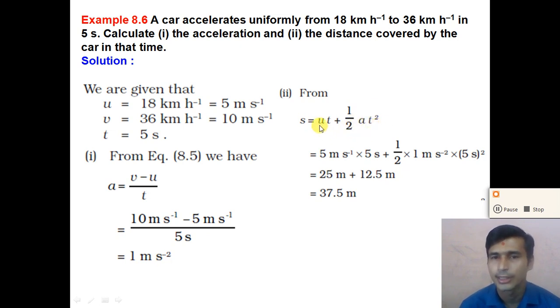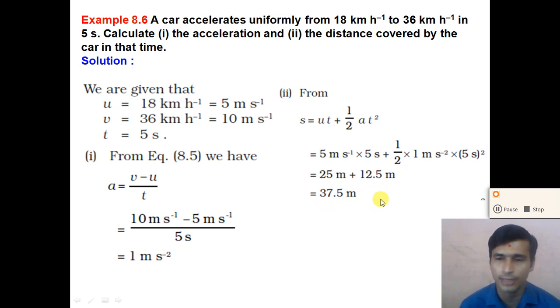So here initial velocity u is 5 meter per second into time t 5 second, plus 1 half acceleration a, which we calculated as 1 meter per second square, into time t square, that means 5 square. So 5 multiplied by 5 we get 25, plus 5 square 25 divided by 2 we get 12.5 meter. So distance traveled by the car is 37.5 meter, right?